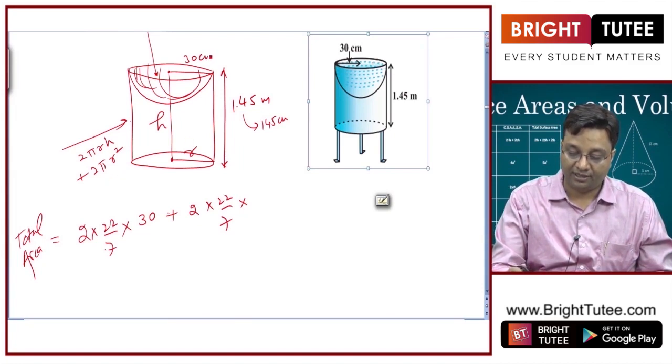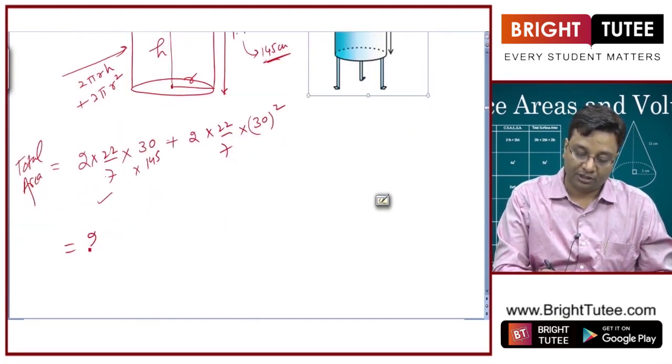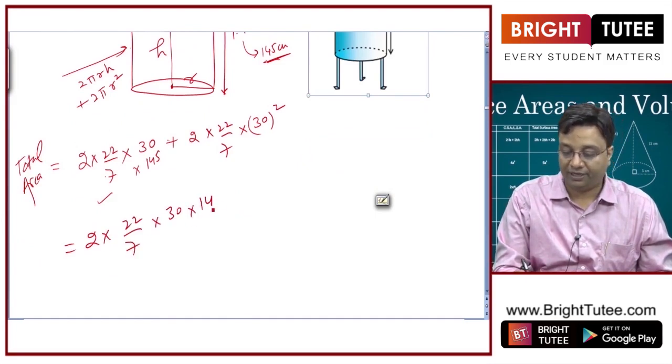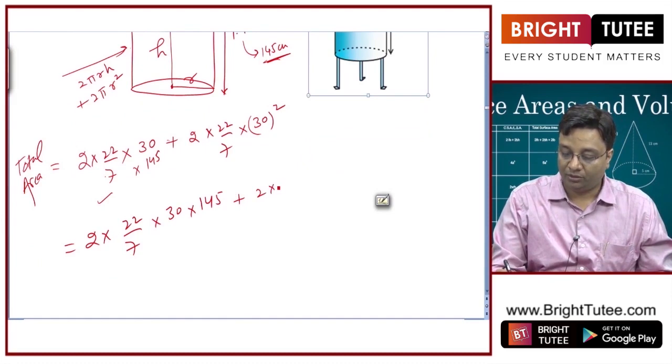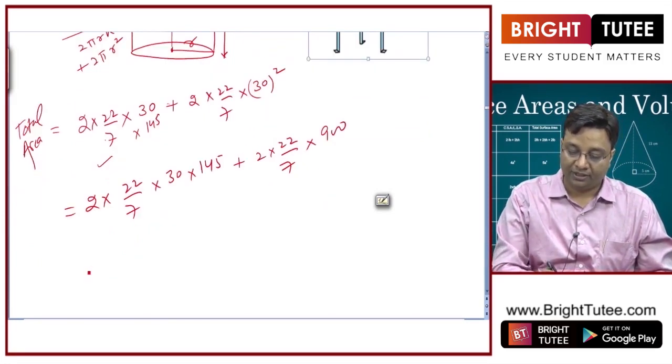Where r is 30. So 30 squared. Okay. This area was 2 pi rh, so we need to multiply 145 in it. So this is 2 into 22 by 7 into 30 into 145 plus 2 into 22 by 7 into 900.